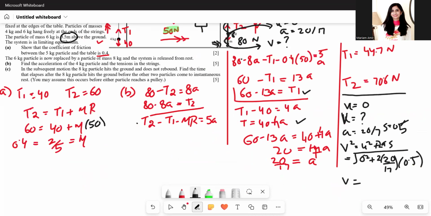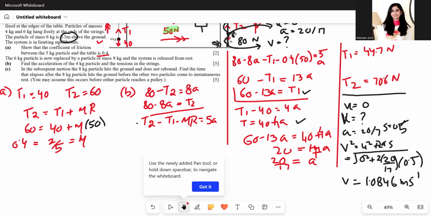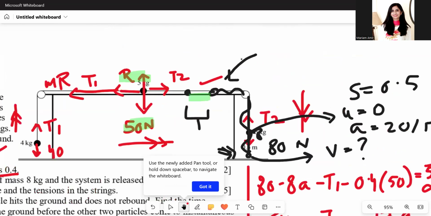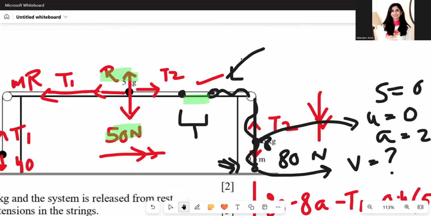This gives V equals 1.0846 meters per second. Okay, so we now know that this speed here, as this particle hits the ground, this particle will have the same speed, which will now be counted as U, which would be 1.08465.